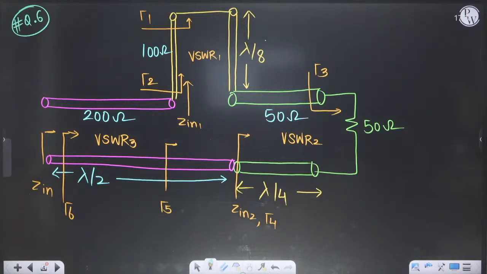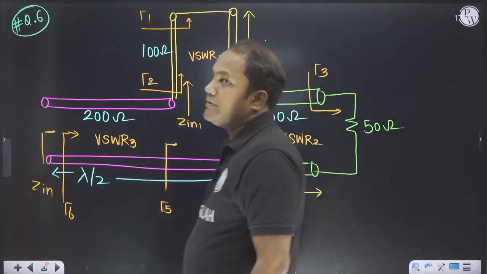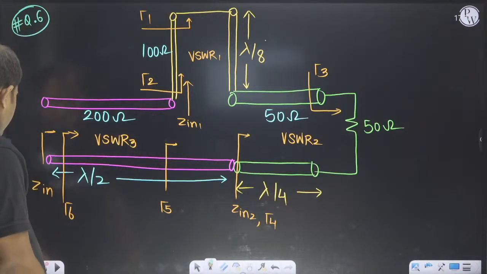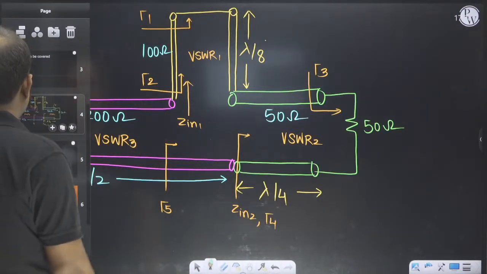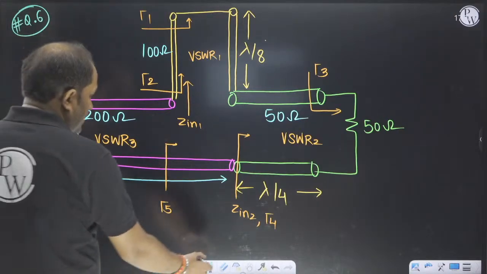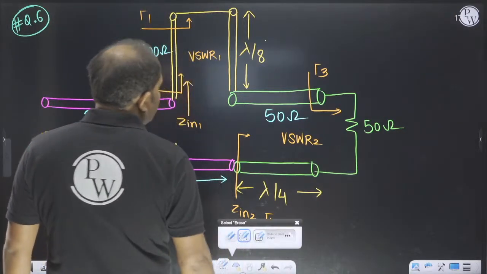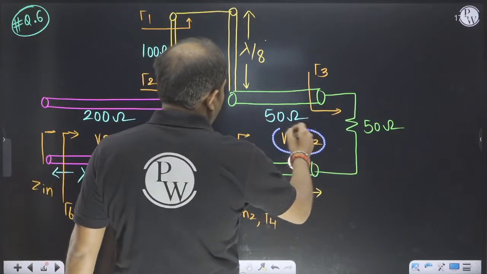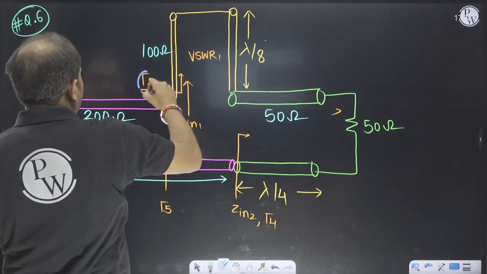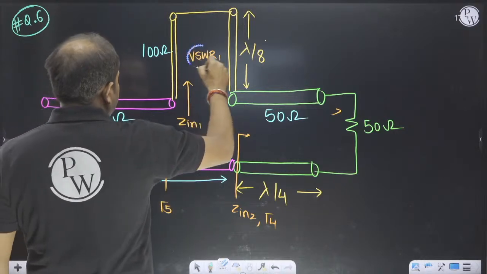In this diagram they have asked for the reflection coefficient, VSWR, input impedance, everything. So first of all I will calculate the input impedance, and after that I will calculate the reflection coefficient.